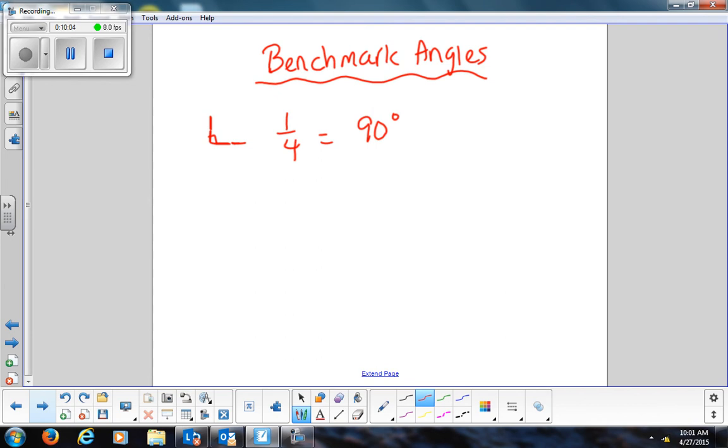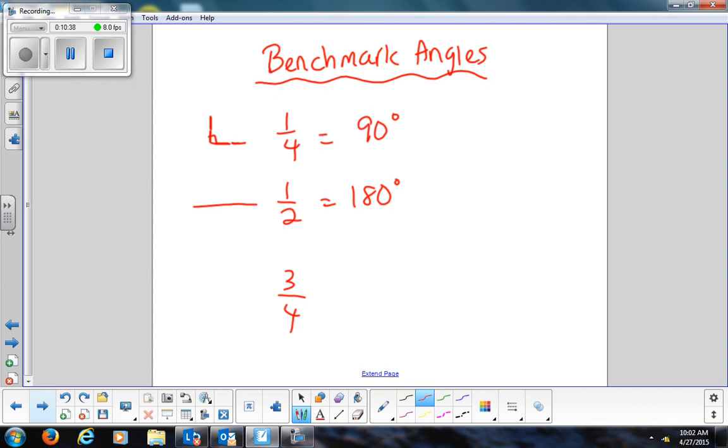So 1/4 is 90 degrees. 1/2 is a straight line, which was the second one we did, and that's 180 degrees. And then our other one is 3/4, which is going to look like.